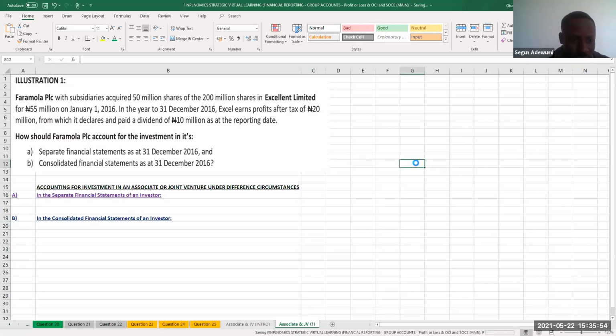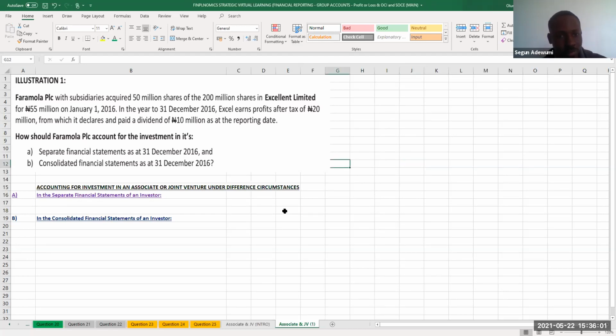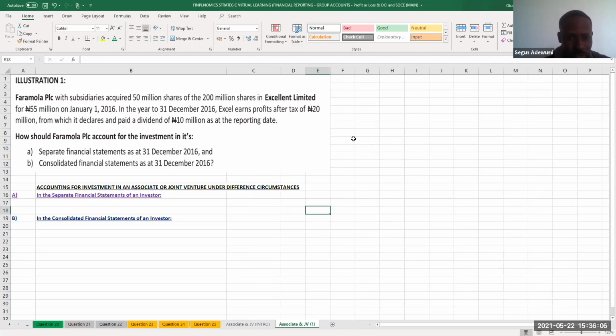Okay, let me just try. So this is a joint venture, because you can see that, okay, sorry, I need to look at it very well. We first need to know the percentage holding, and since this is 50 million shares of 200 million, that is more likely 25% of Excellent Limited shares. So this is investment in associates.